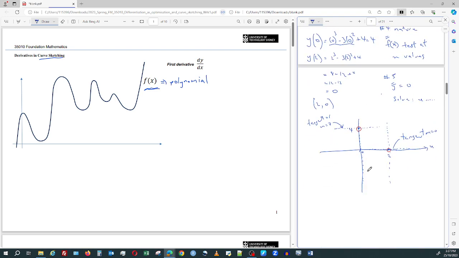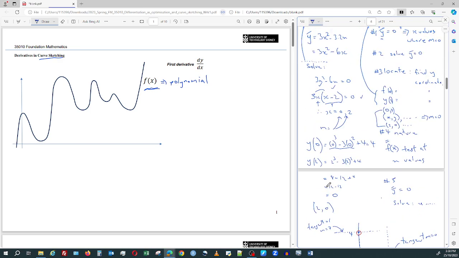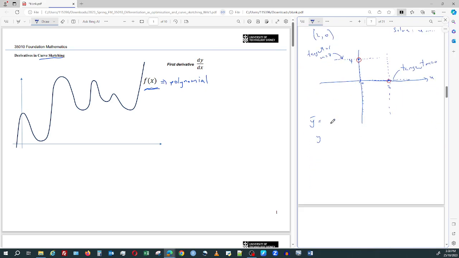So we've got to test the values at x. Okay, so we've got to take the second derivative now. If the first derivative was, what was the first derivative? 3x squared minus 6x.